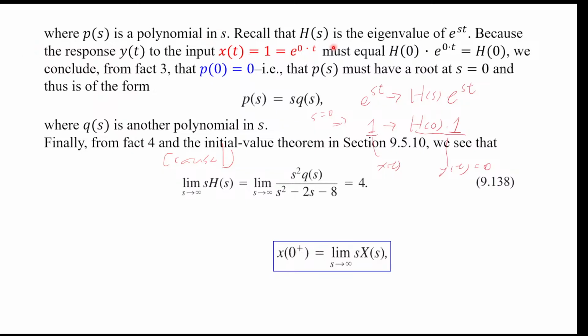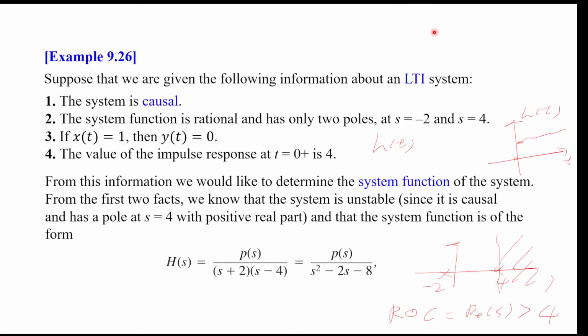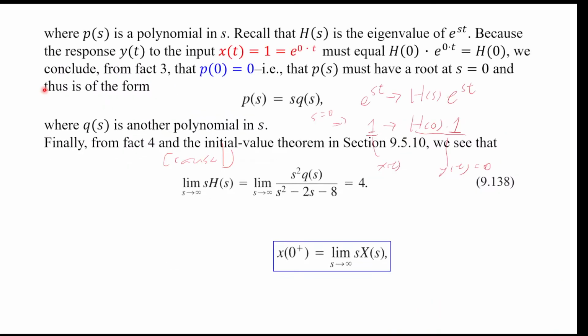So this is a trick here. We remember that H of s is also the eigenvalue of e to the st, although we didn't use this in this chapter yet. In chapter 3, we found that x of t equal to 1 is a special case of this for s equal to 0.